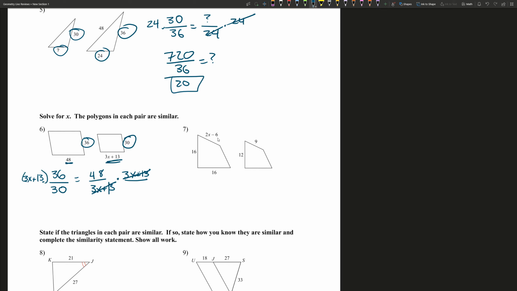Actually, I'm just going to cross multiply and divide this so I can save a little bit of space.